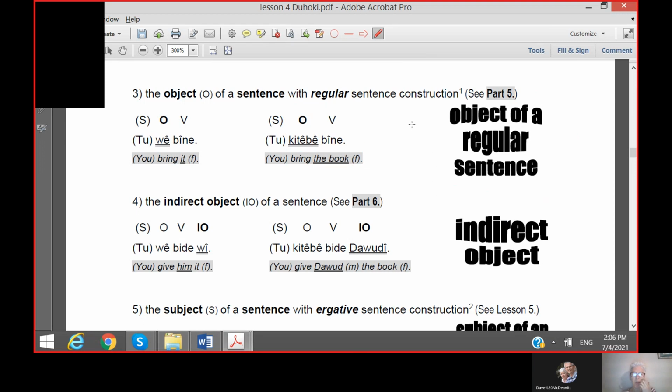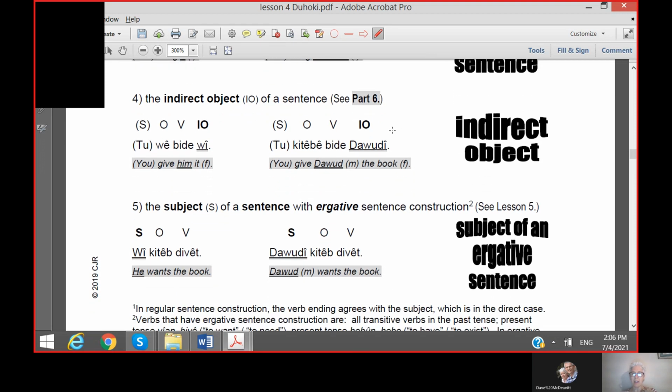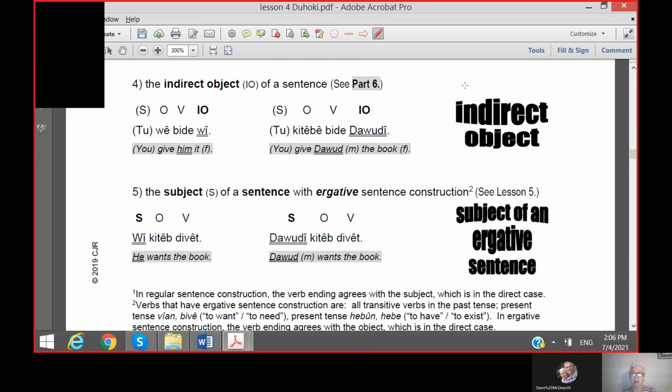The fourth situation where you can use an oblique case noun or pronoun is when it's the indirect object of a sentence. So you have subject, object, verb, indirect object, and the indirect object is always in the oblique case.